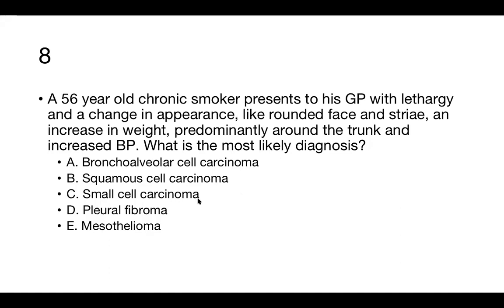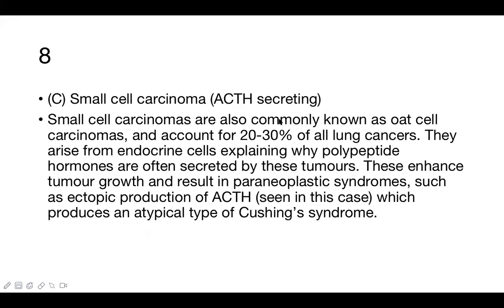This is the way you connect between the different logic. So small cell carcinoma, which is ACTH secreting. Okay, this is the answer. Now a little bit information here. This small cell carcinoma is highly associated with smoking, and it accounts for 20 to 30% of all lung cancer these days.